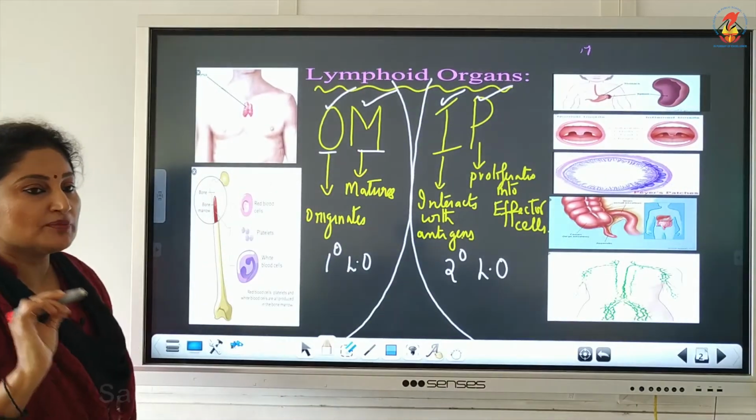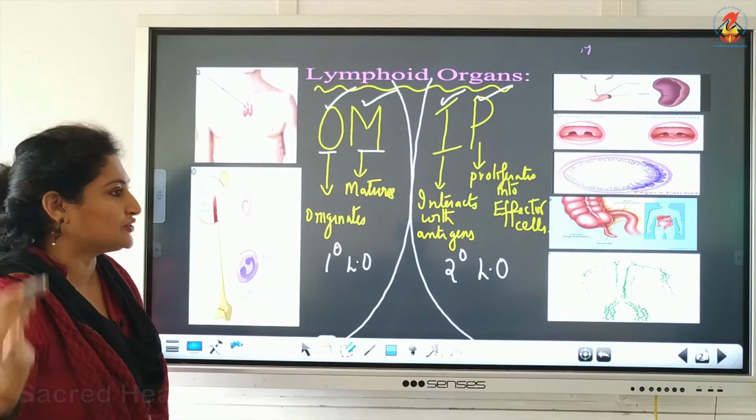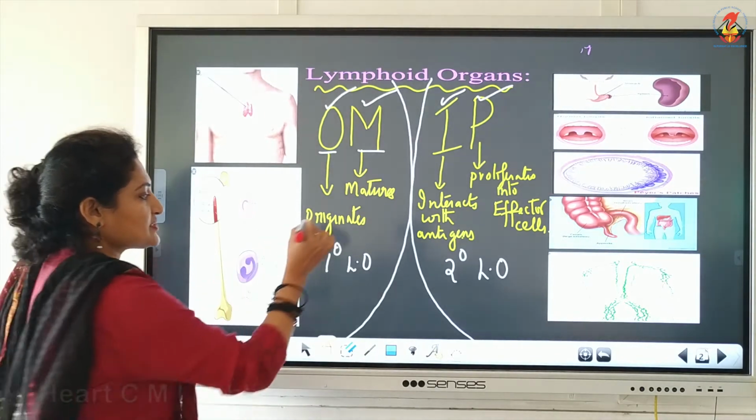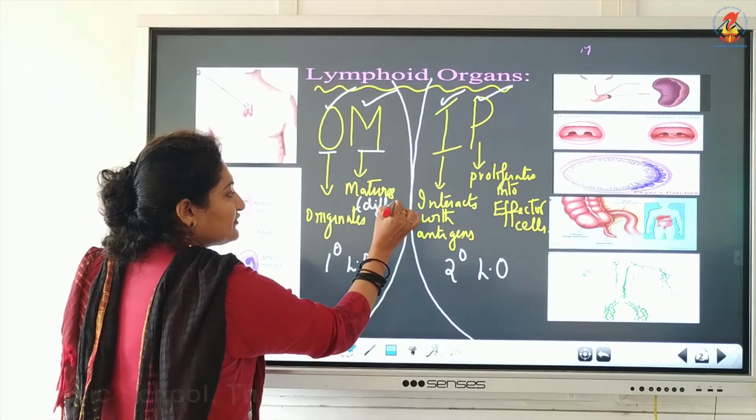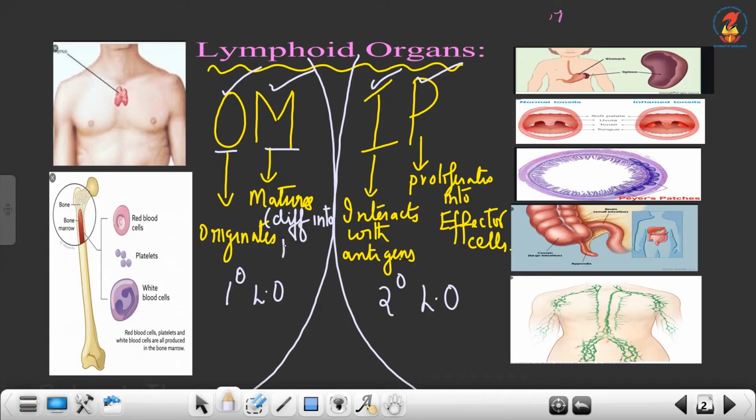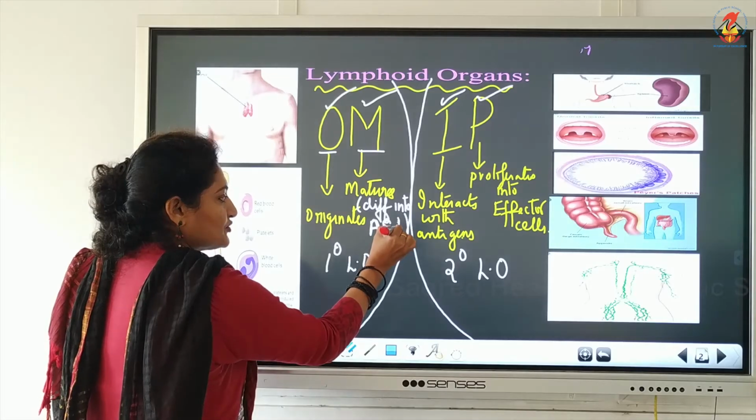Now when you mention matures, what do they mature into? Here the process is differentiation. You have learnt in 11th standard. They differentiate into antigen sensitive lymphocytes. So once again, when you say maturation, you must say into what they mature. They mature by differentiating into antigen sensitive lymphocytes.